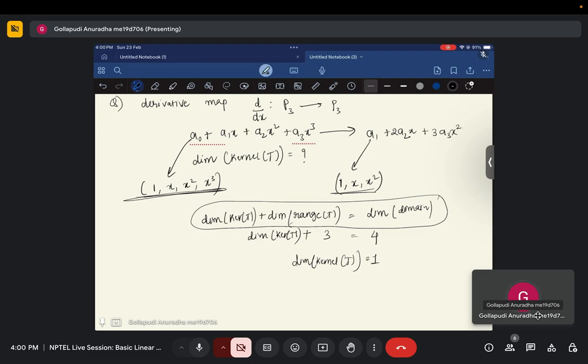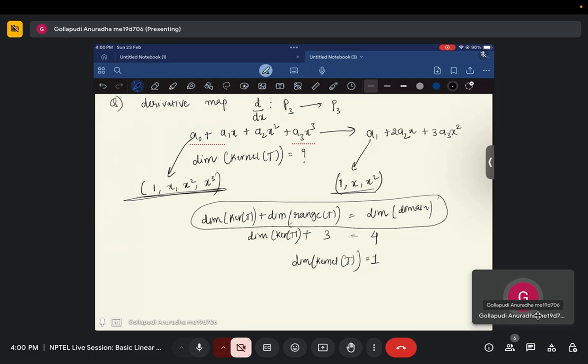So the kernel will only contain the arbitrary constants a0.